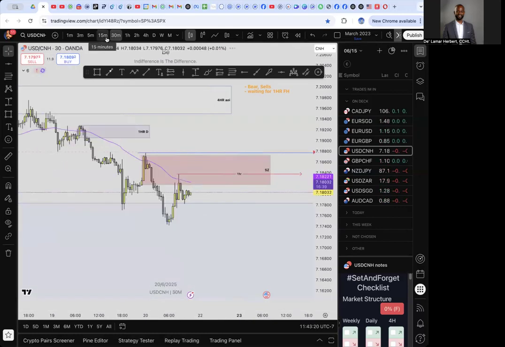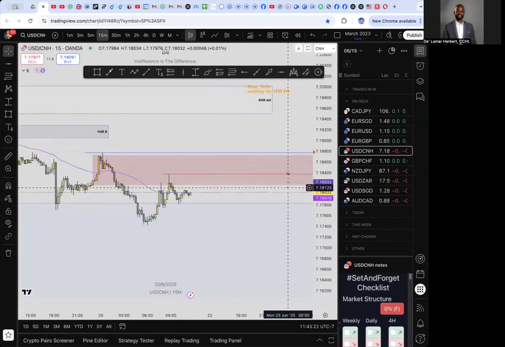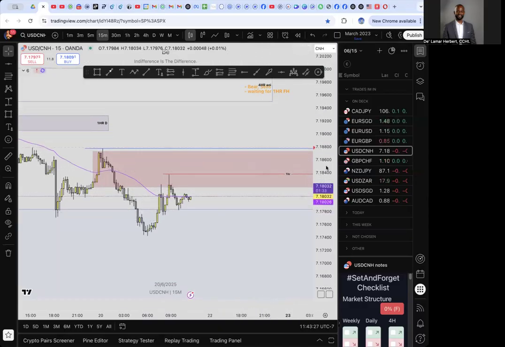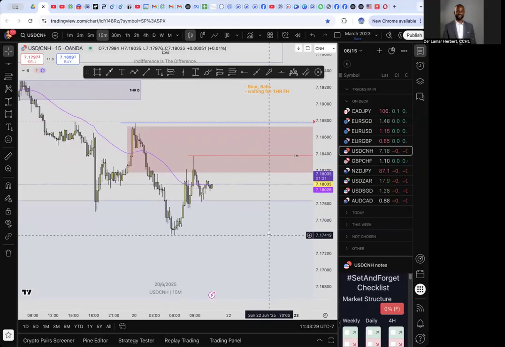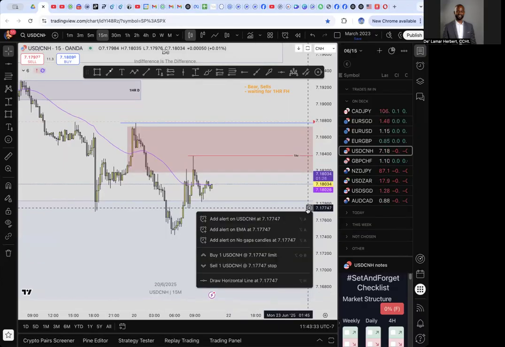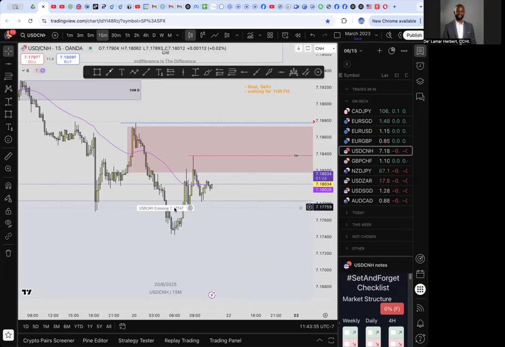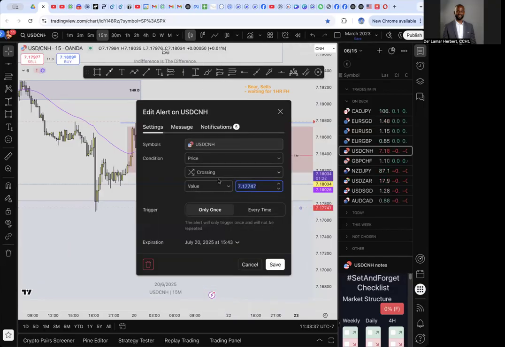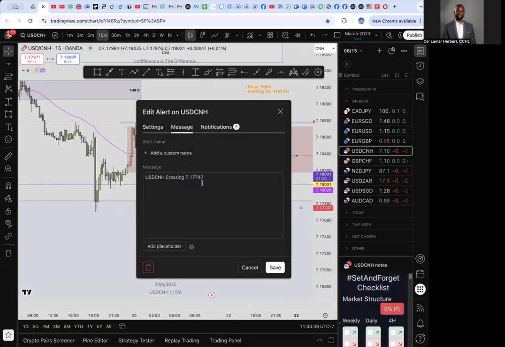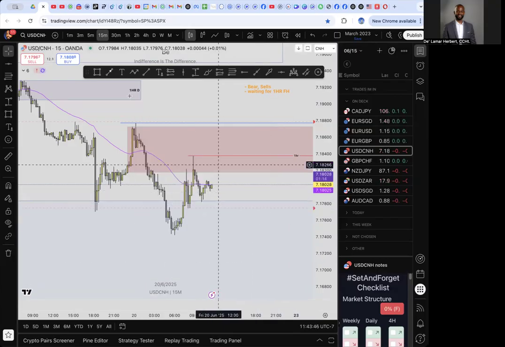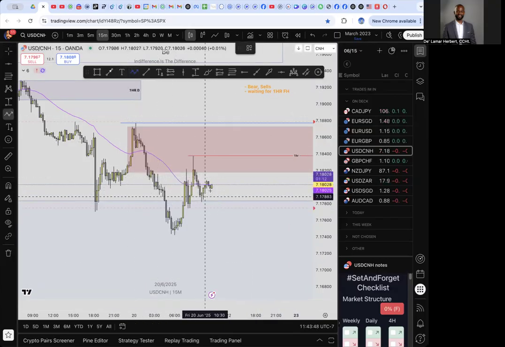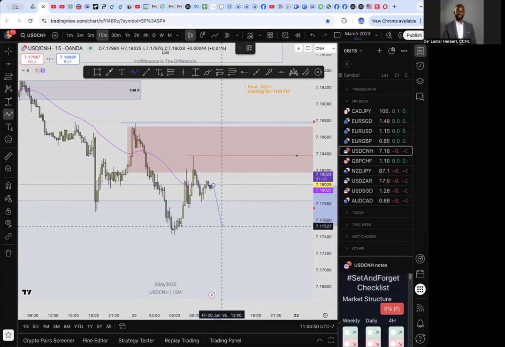So if we move down to a lower time frame, to get into this, I want to see a break of this 15-minute. And then I'll look into taking sales, because ideally I want to see a breakdown here, shift the structure.